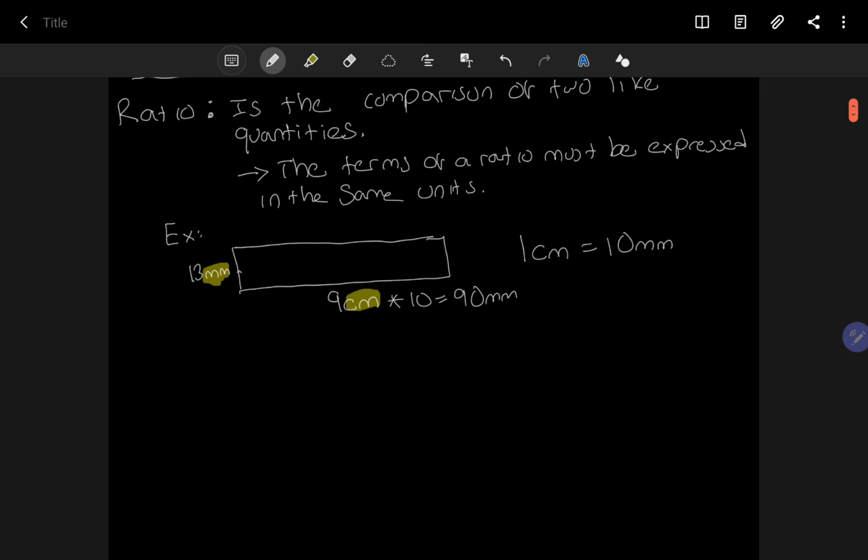So now I can actually express this as an actual ratio. And so what I have is 13 to 90. And that's one way of expressing a ratio. Or we can express it as this.